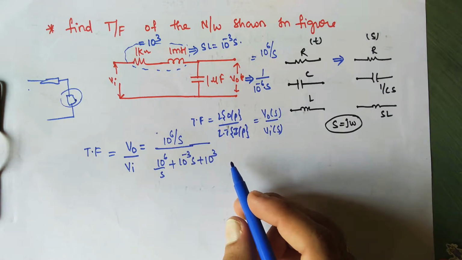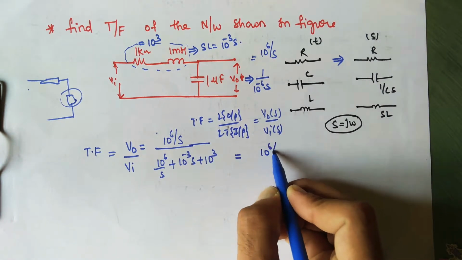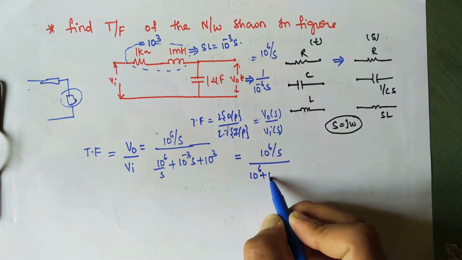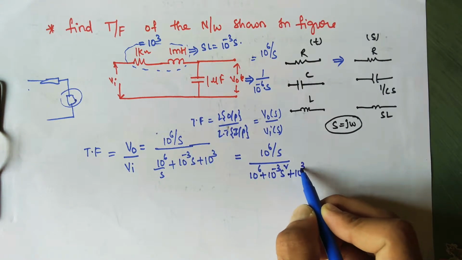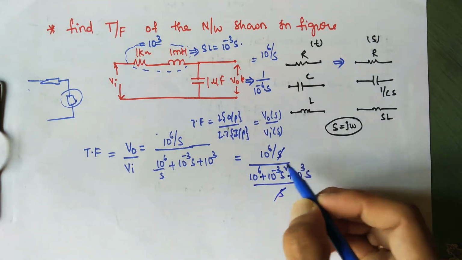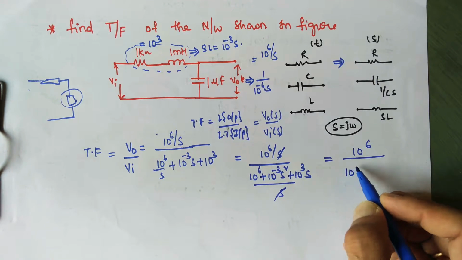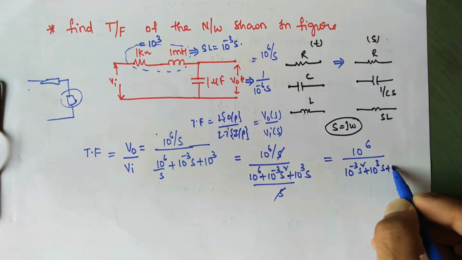Now you can solve this by taking the LCM, that is 10 power 6 by S by 10 power 6 plus 10 power minus 3 times S square plus 10 cube S, all over S. Since the LCM is S in both, if you cancel these two, you will get 10 power 6 by 10 power minus 3 S square plus 10 cube S plus 10 power 6.